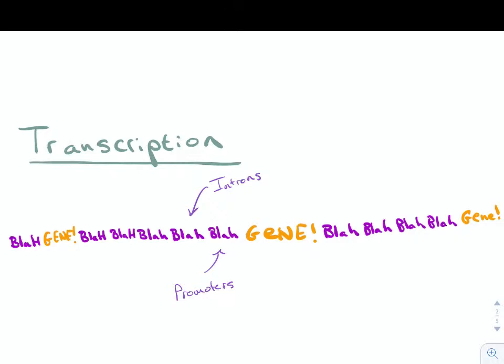Specifically in transcription, as an enzyme is going along a DNA molecule, it's looking for a special promoter to start the process of transcribing. And that promoter is known as a Tata box. And it's called a Tata box because these letters, TA, TA, refer to the base sequences that make up this box.